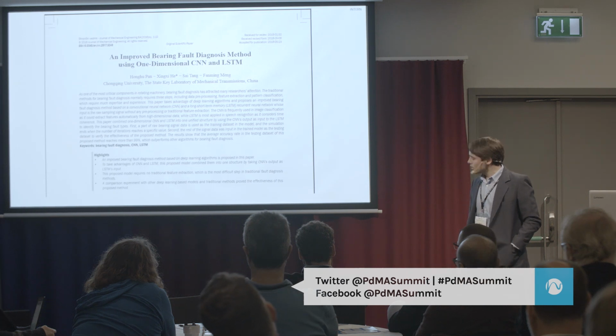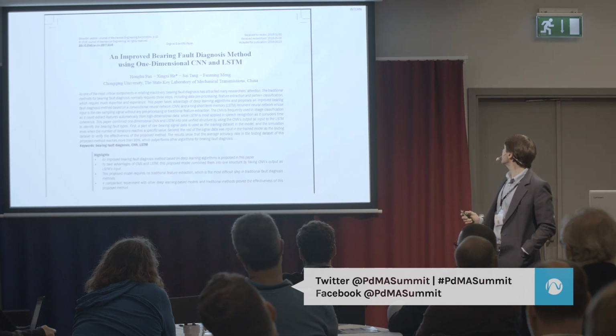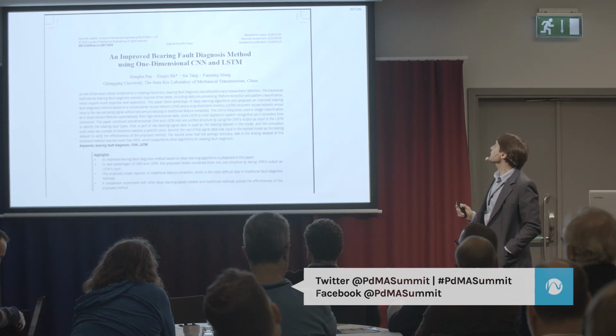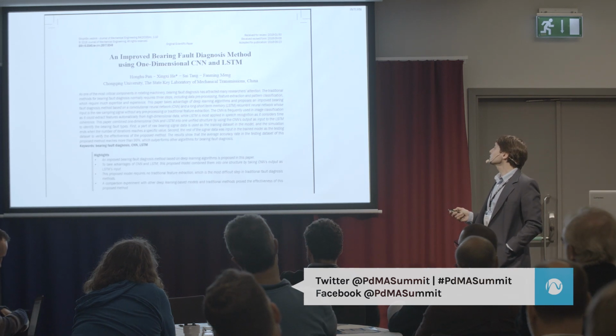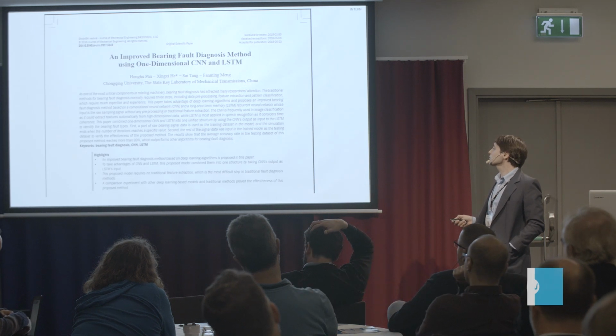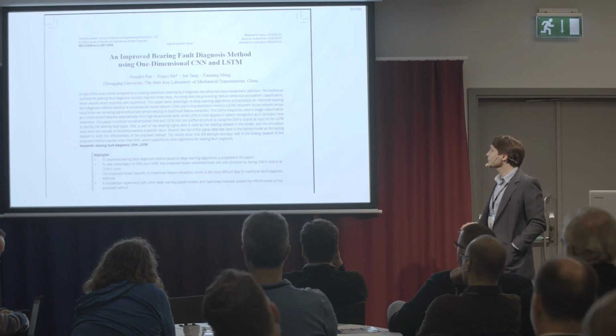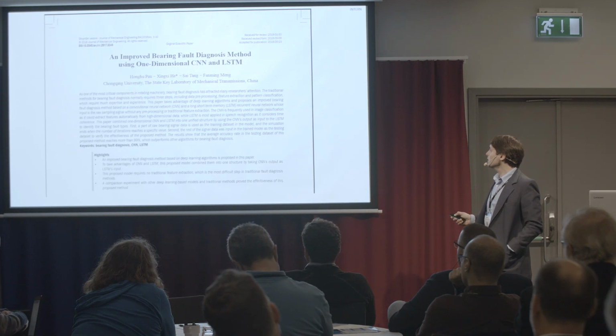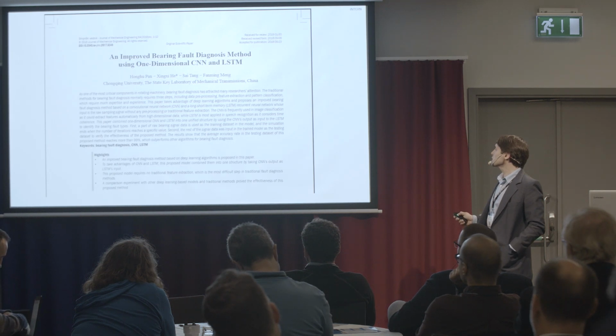I don't know how much time I have left, but this is another paper, on improved bearing fault diagnostic methods using one-dimensional convolutional neural networks and LSTM, by Honggu Pan, Xingji He, Sai Tang, and Fanming Meng from Chongqing University in China.